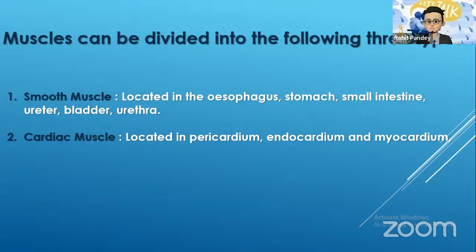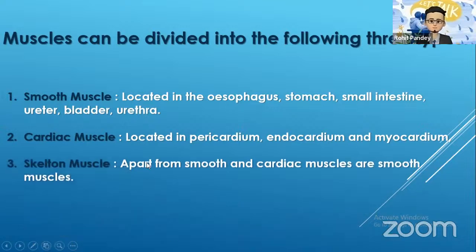It is located in the pericardium around the whole heart, the endocardium inside the heart, and the myocardium, the muscles of the heart. Skeletal muscles: except smooth and cardiac muscles, all the remaining muscles come under skeletal muscle.